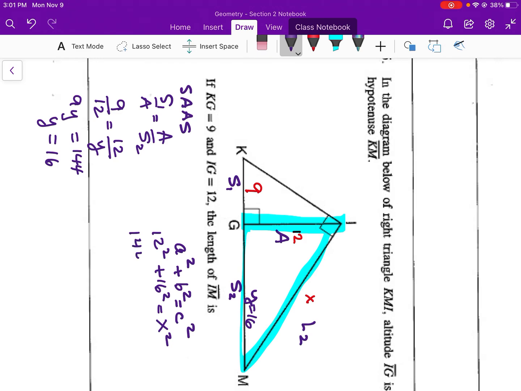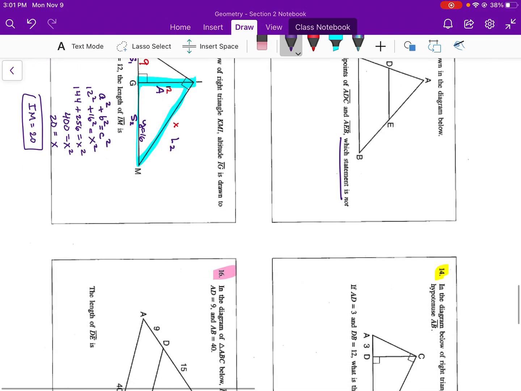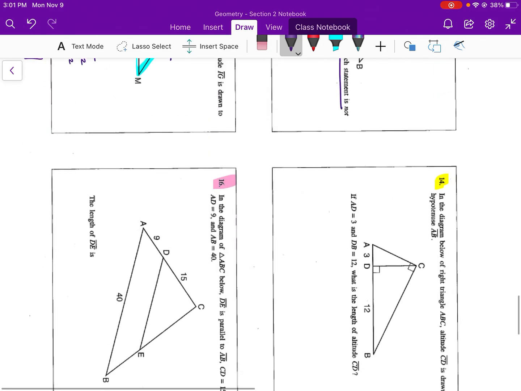So 12 squared is 144. 16 squared is 256. I'm pretty sure 144 plus 256 makes 400. And the square root of 400 is 20. So that's IM. IM is 20. Okay, so it's kind of a two-step problem. And then that's it. So let me know if you have any questions.